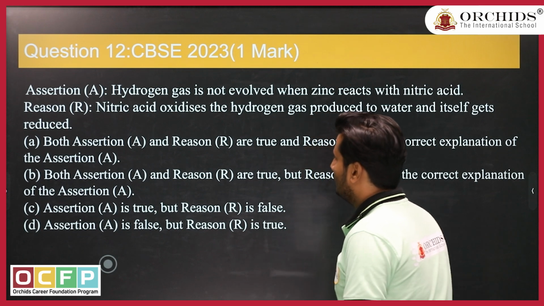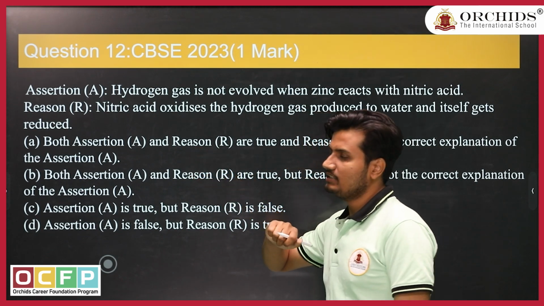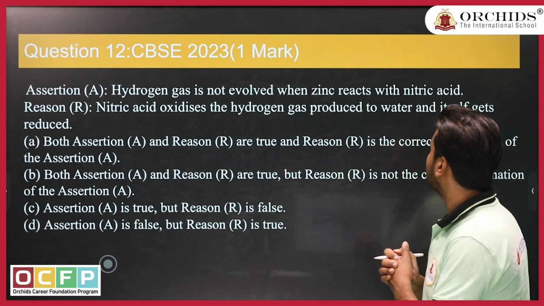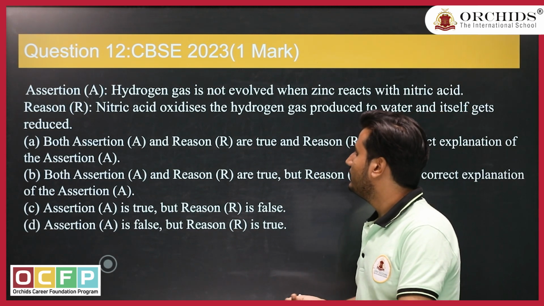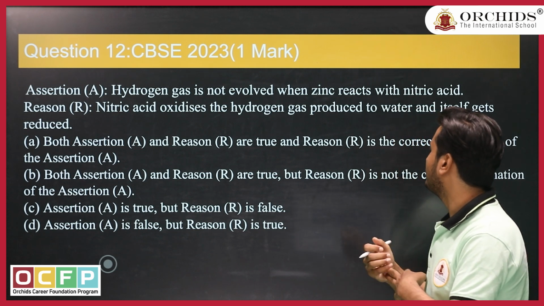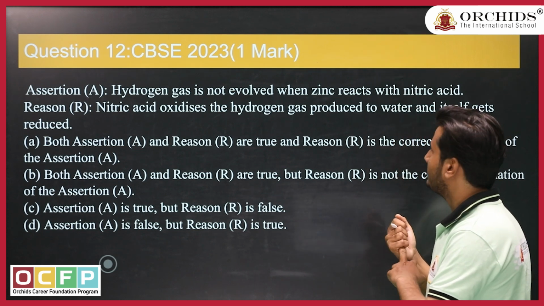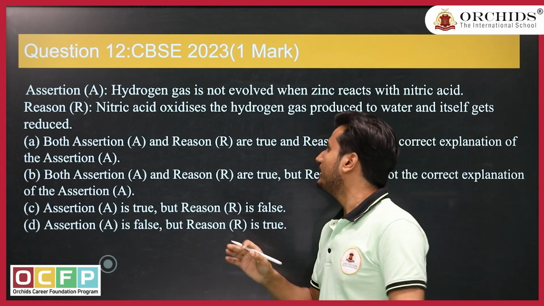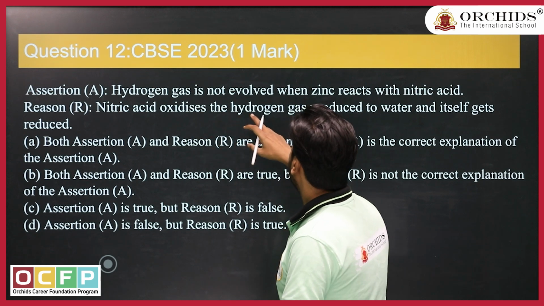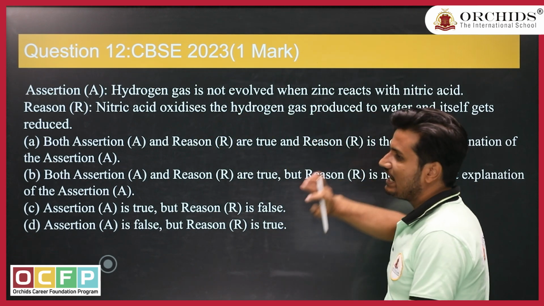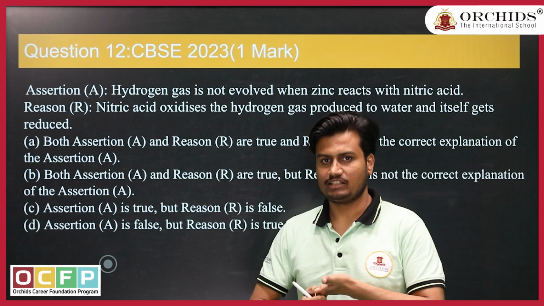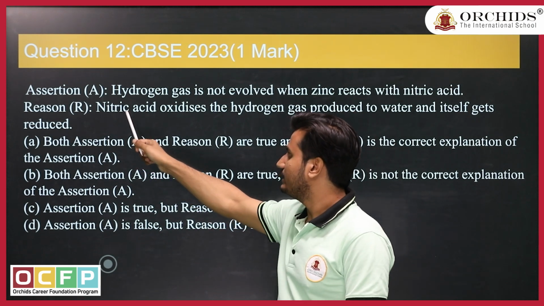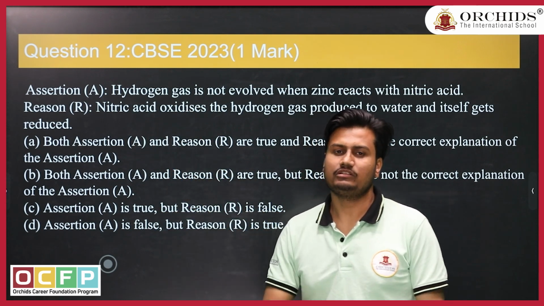So this is an assertion-reason based question. Hydrogen gas is not evolved when zinc reacts with nitric acid. Nitric acid oxidizes the hydrogen gas produced to form water and itself gets reduced. Now we know that whenever a metal reacts with any acid, hydrogen gas is produced. But nitric acid is a strong oxidizing agent.